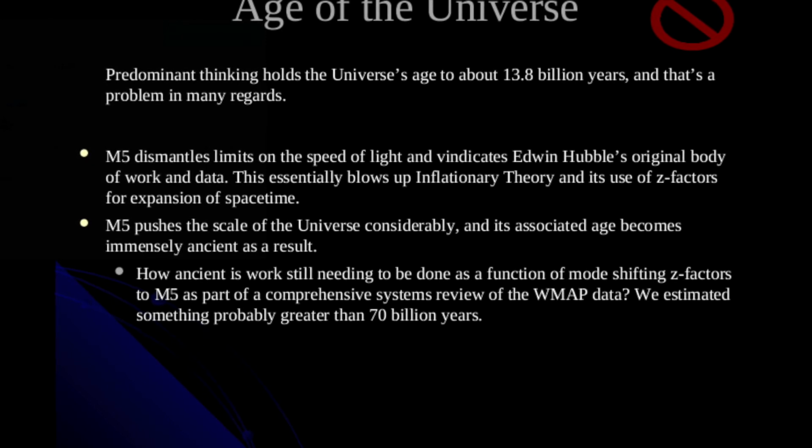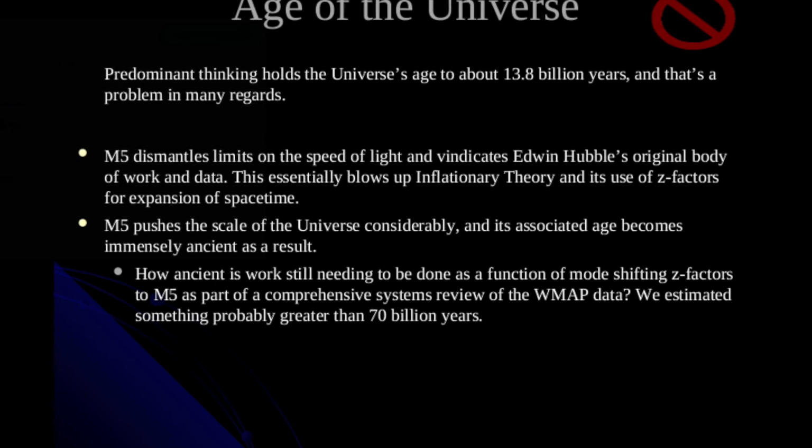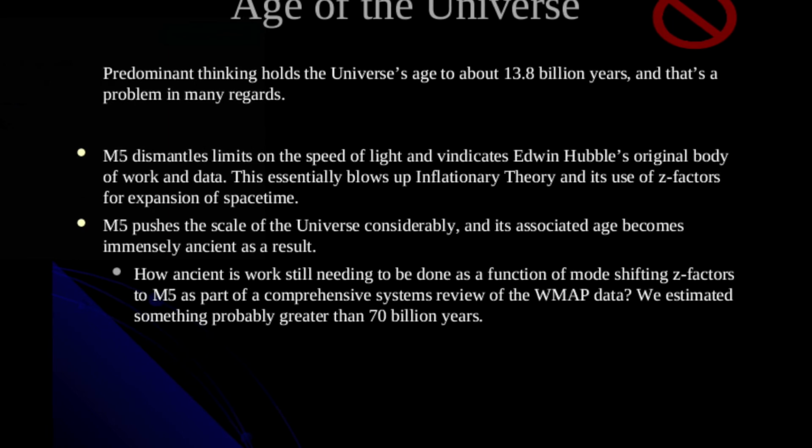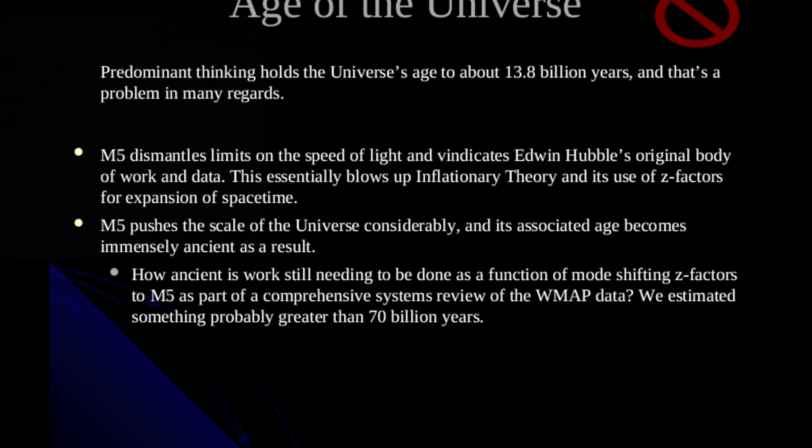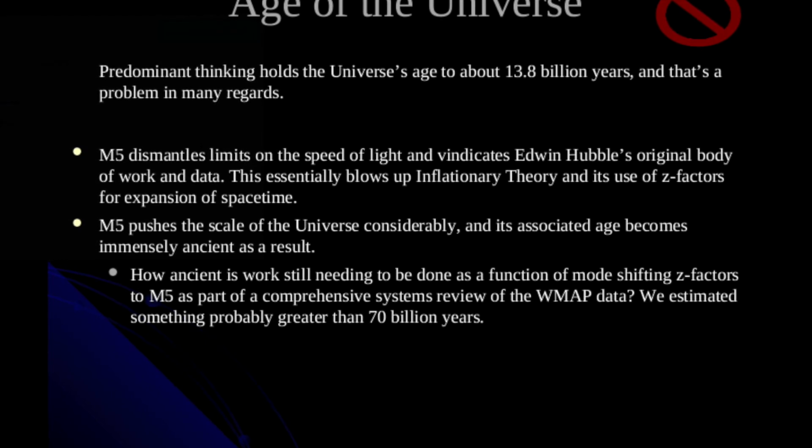But when we do mode shift that, what we have found is that galaxies like BX442 are instantly vindicated. Instantly. The logic artifacts associated with that evaporate. They go away. They're non-existent.